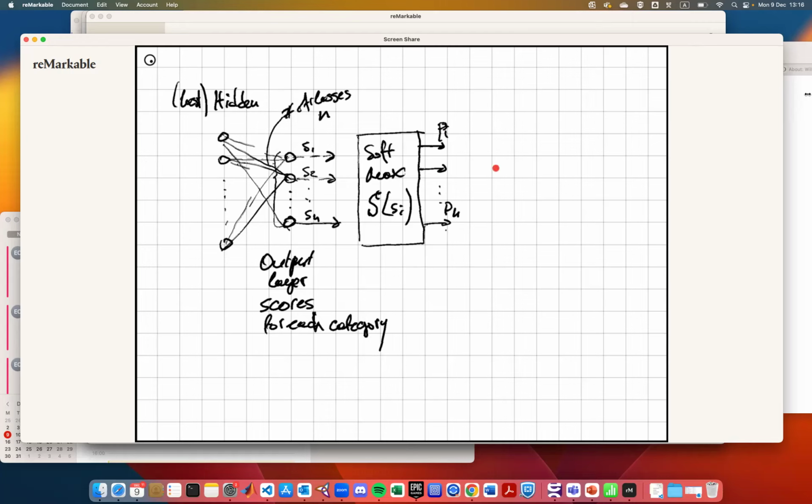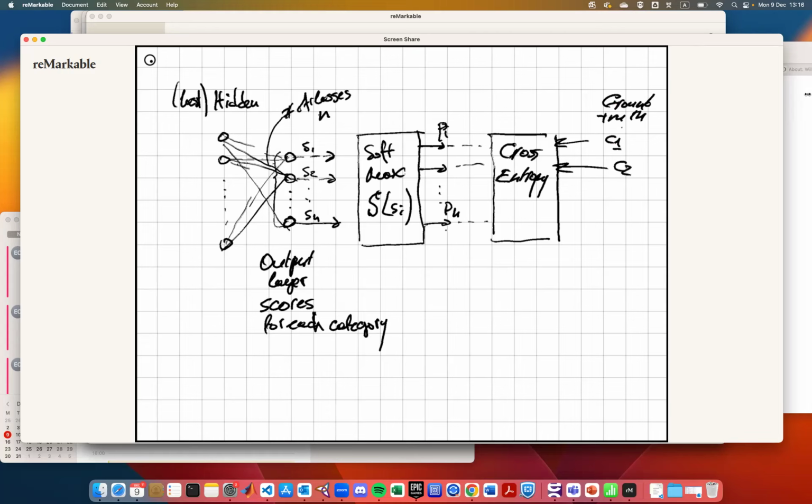And now we pass it to the cross entropy function, which takes this pi and it takes also ci, so the ground truth: C1, C2, Cm.